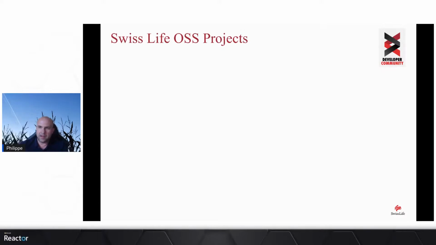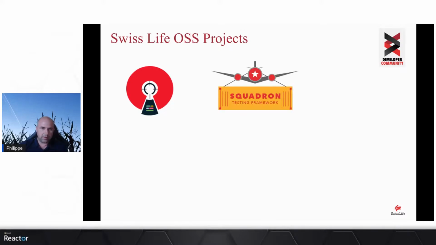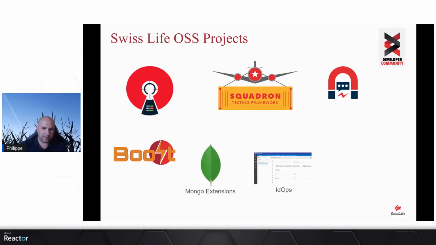We started with different projects, some that were already developed internally and used for years, and then we started to open source them. The first was Snapshooter, then we followed with Squadron, Magnet, Boost, Mongo extensions, IDOps, which is a tool to manage identity server resources in an enterprise way, and lastly ConfiX, which is still in progress.